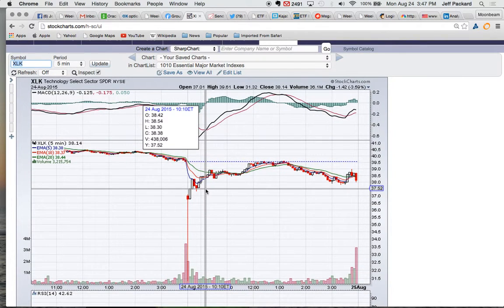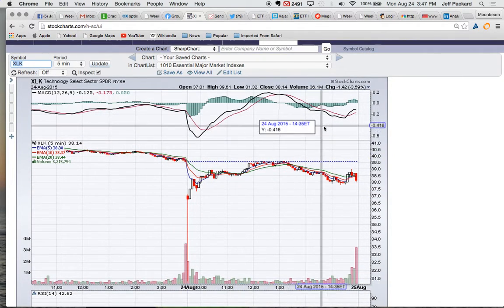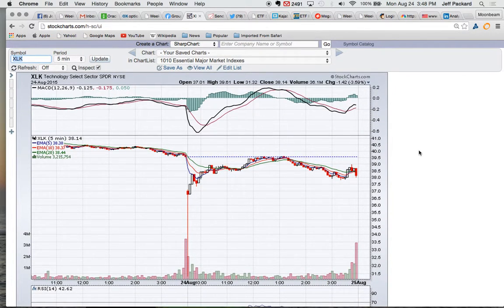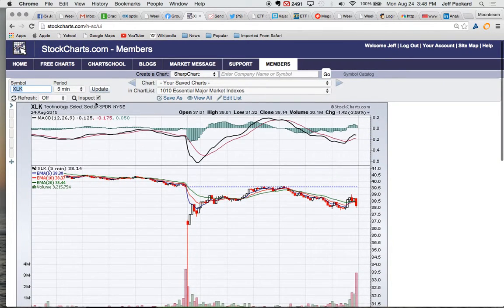So I'm not in that trade anymore. I think I got out of it at minus $1 roughly. That was the XLK trade. I actually had probably my best trading part of the year these last few days.